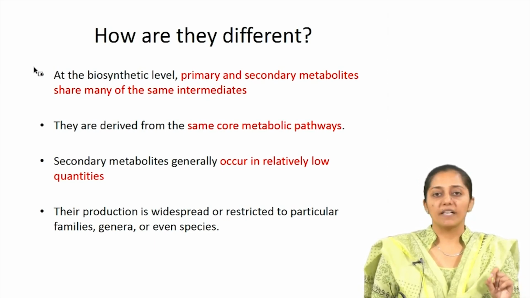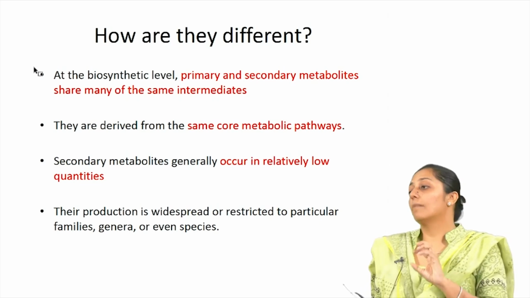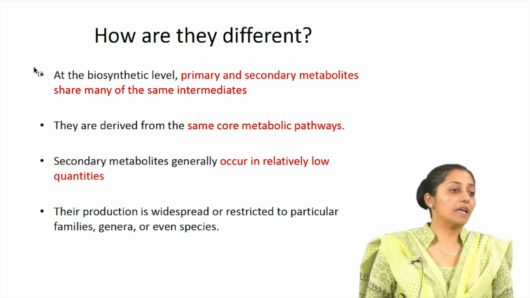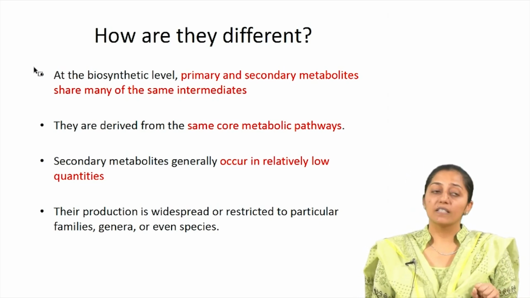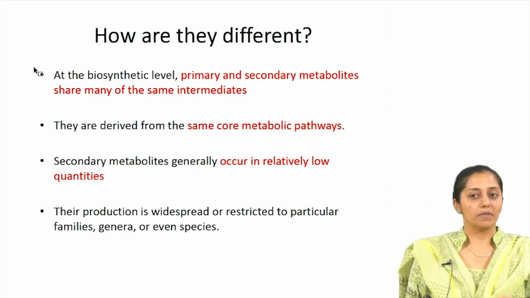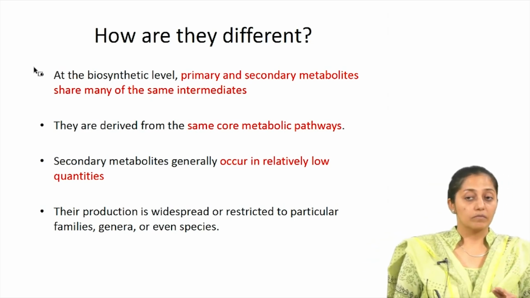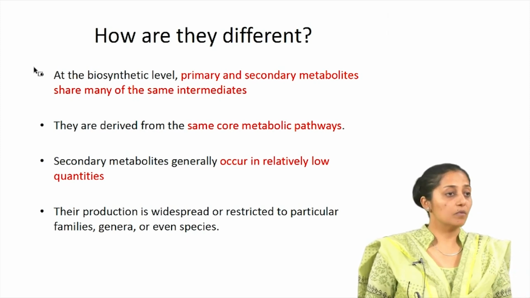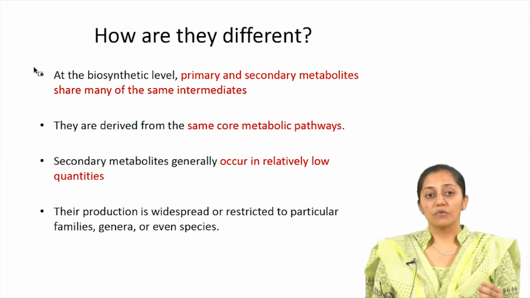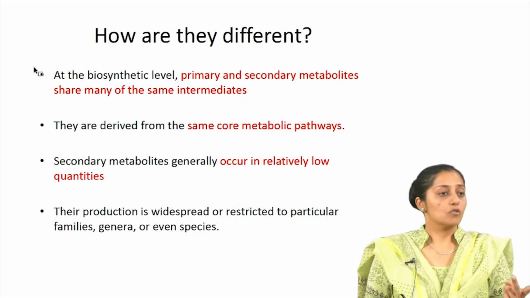Now, secondary metabolites generally occur in relatively low amounts in comparison to primary metabolites. What can be the reason? Then I will ask why they are formed in the stationary phase. So, now try to reason out, why do you think they will be produced in small amounts? So, two things.